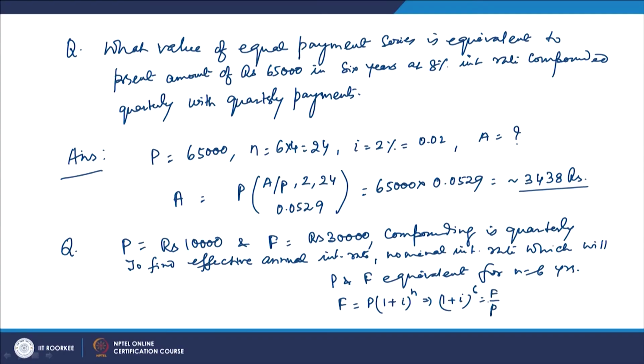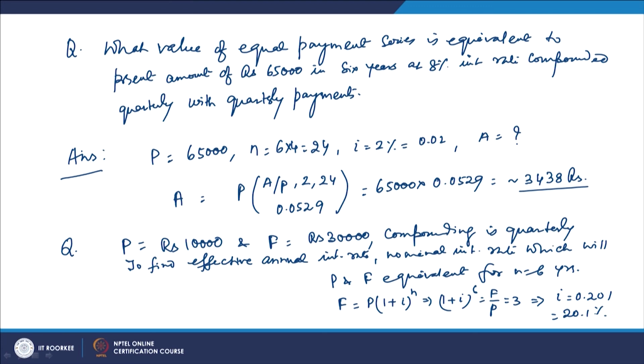So, (1 plus i) raised to the power 6 will be F by P, and F by P is basically 3. We can take the log on both sides and get the value of i, and if you solve, i is coming as 0.201, that is 20.1%.